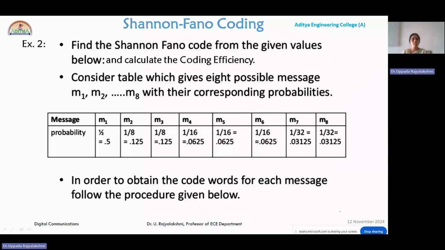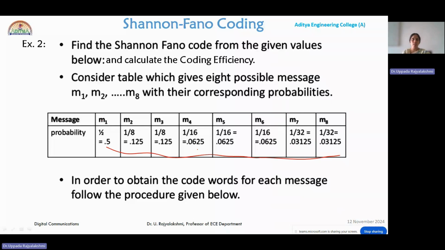In the second example, you can see the message probabilities. Here we have given 8 messages with respect to probabilities. We will partition this into 2 subsets, and again you have to assign 0 to the upper subset and 1 to the lower subset. The process of partitioning will continue till each subset consists of one element.